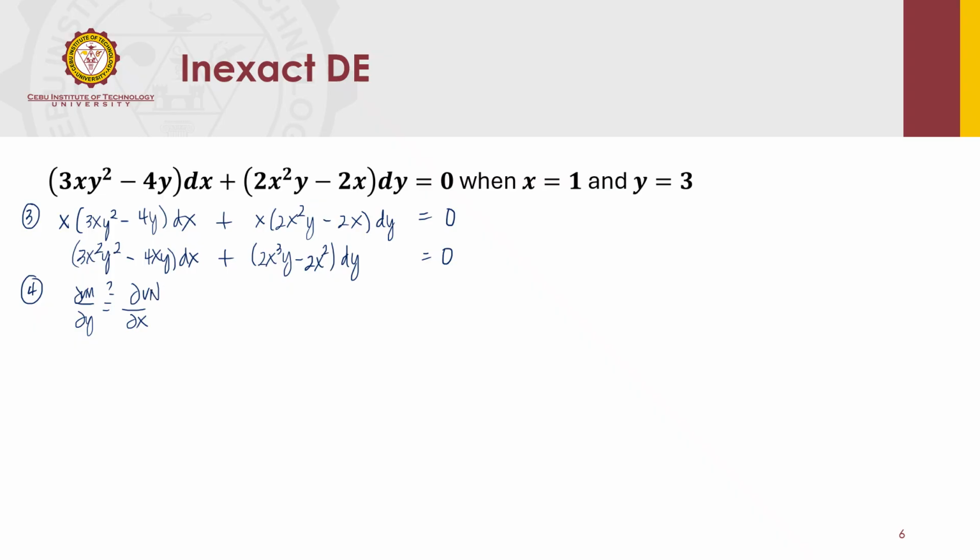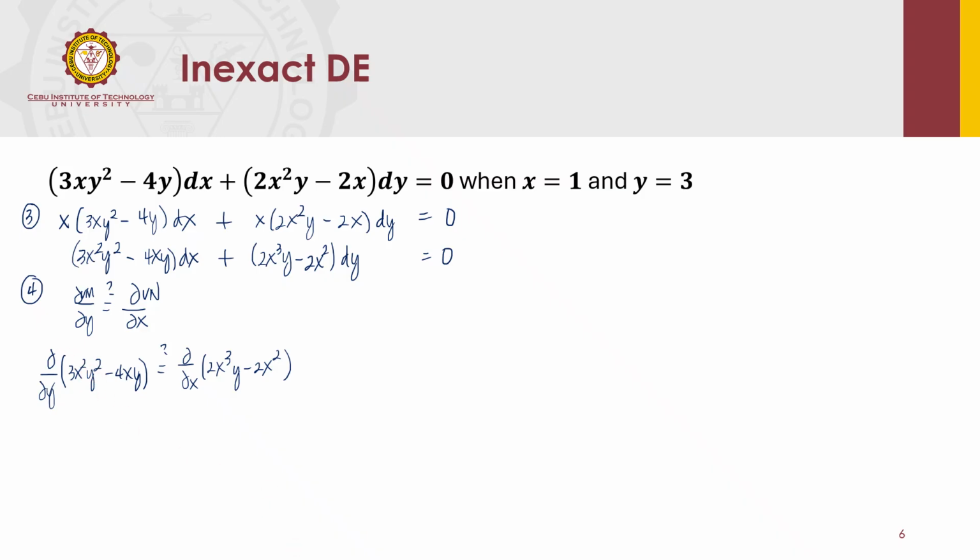So is the partial derivative with respect to y of 3x squared y squared minus 4xy equal to the partial derivative with respect to x of 2x cubed y minus 2x squared? For the left side, x is the constant. So the derivative of y squared is 2y times 3x squared.